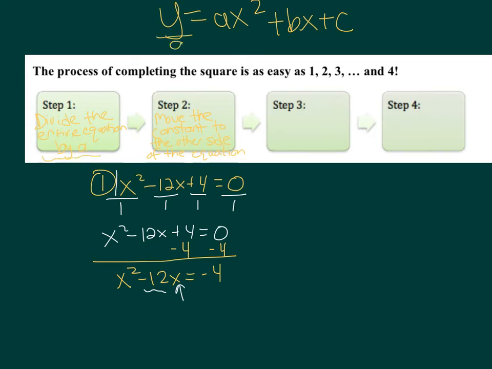So, when you divide by a, you would then have b over a. So now we're going to take half of b over a and square that and add it to both sides. So half of b over a would be b over 2a. We've got to square it. We're going to add it to both sides.